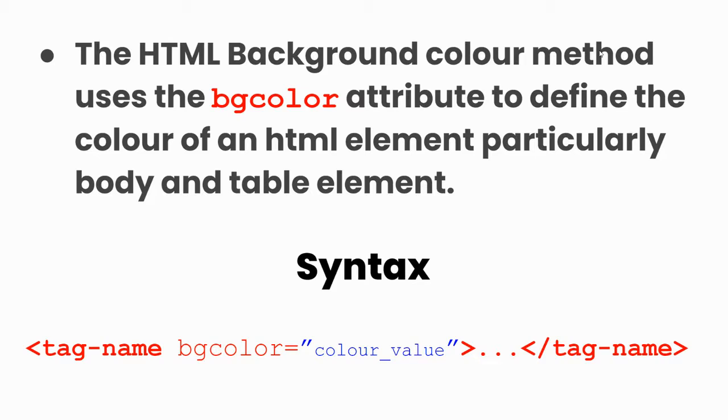So next we'd look at the syntax, and as you can see from the syntax, both the table and the body elements are multi-tags. You can also see that the attribute is in red ink, and the attribute is assigned a different kind of value which is known as the color value.